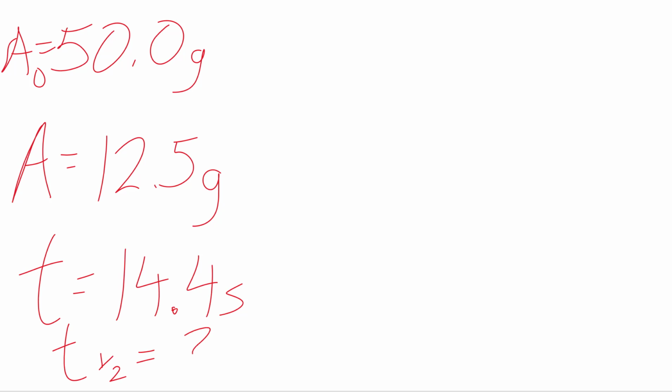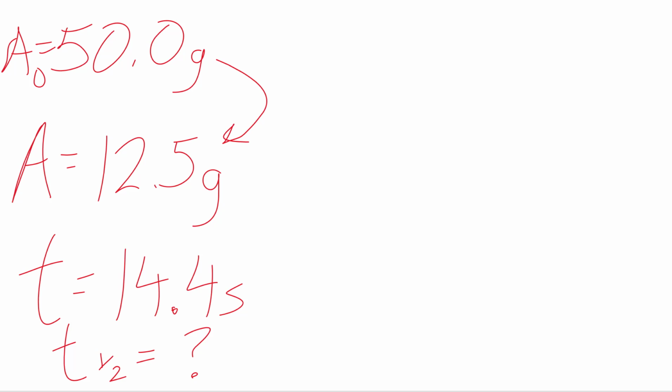If you read question number 2, it says a 50-gram sample of nitrogen-16 decays to 12.5 grams in 14.4 seconds. What is its half-life? All I've done is written out the variables so I don't have to read the question again. Remember, half-life is the time it takes to take half. So you have to go from here to here. How many halves did you have?